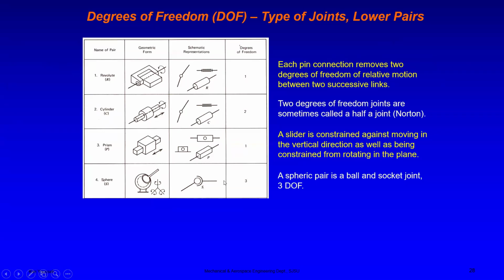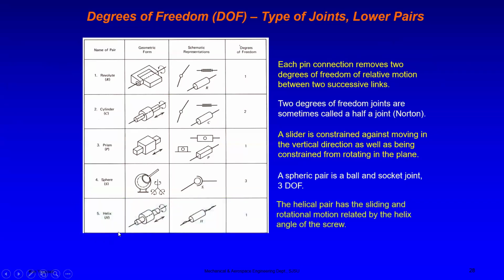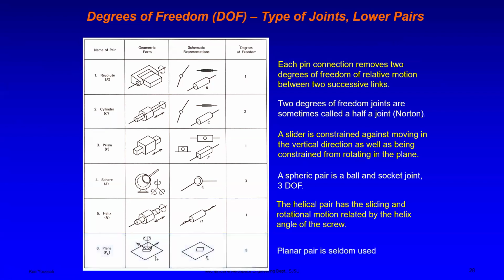That makes it 3 degrees of freedom. Now we also have what we call a helix. For the helix, it has 1 degree of freedom. So the helical pair has the sliding and rotational motion regulated by the helix angle of the screw. And then we have a plane here, which also has 3 degrees of freedom.